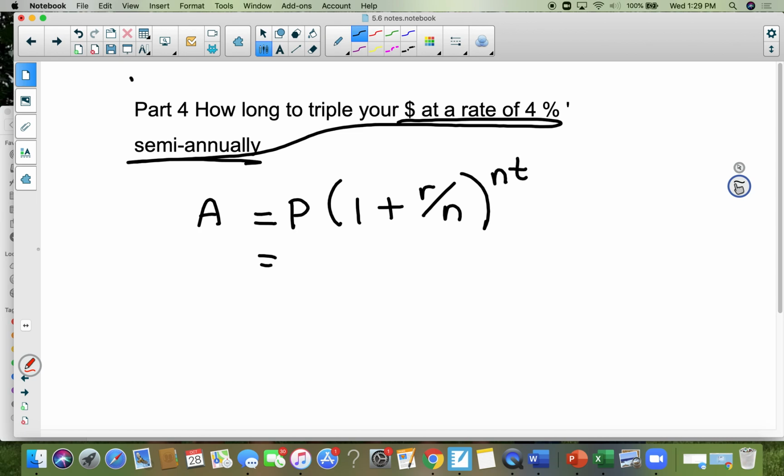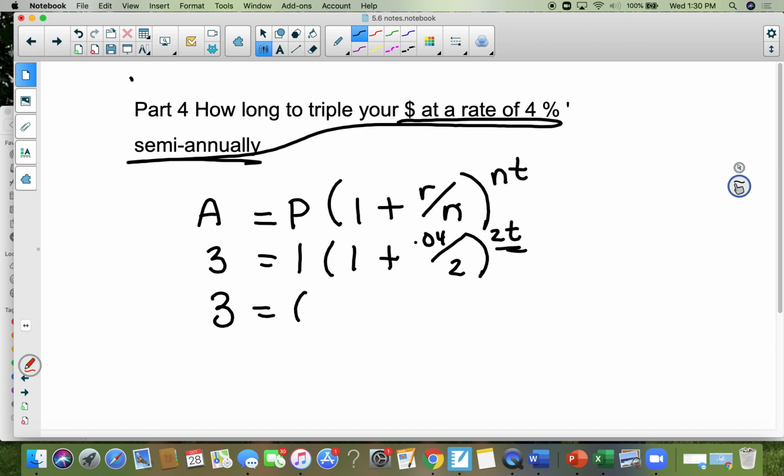If you want to triple your money, maybe you want this to be a 1 and you want to finish with a 3, that doesn't matter what numbers you use. 1 plus the rate is 0.04, semi-annually is twice. And if this is 2, then up there is also 2. So you're going to get 3 equals, this ends up being 1.02 raised to the 2t power.